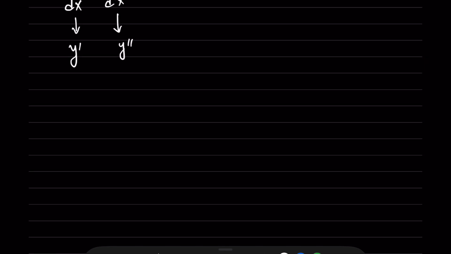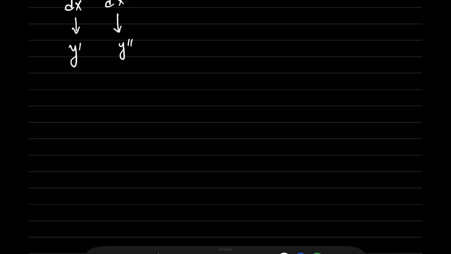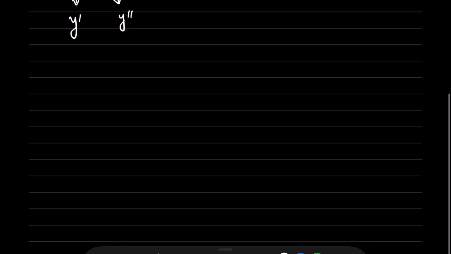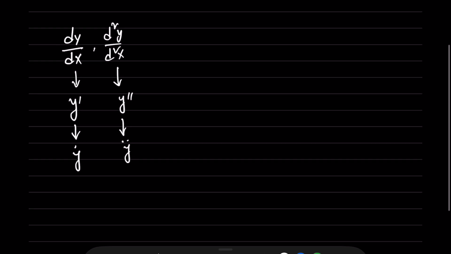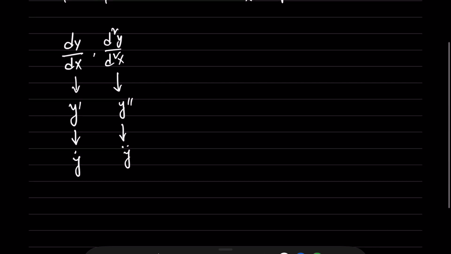You have to be careful in that case about what your differentiating or independent variable is, right? Now again, this can also be denoted with a dot. So these are different ways to express a differential equation.